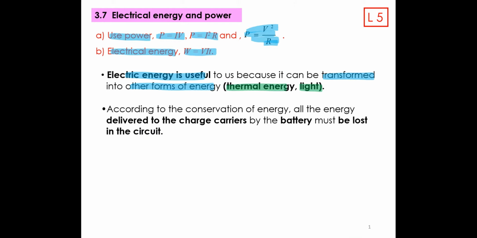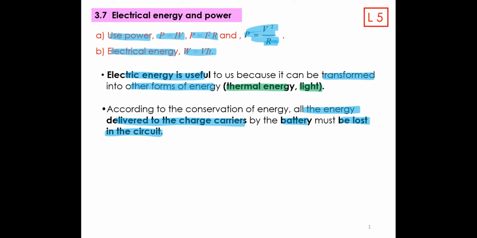Next, according to the conservation of energy, all the energy delivered to the charge carriers by the battery must be lost in the circuit, because the main source comes from the battery.